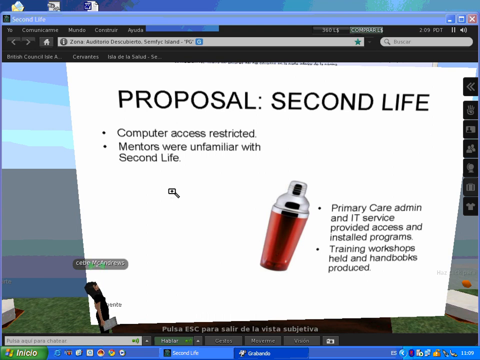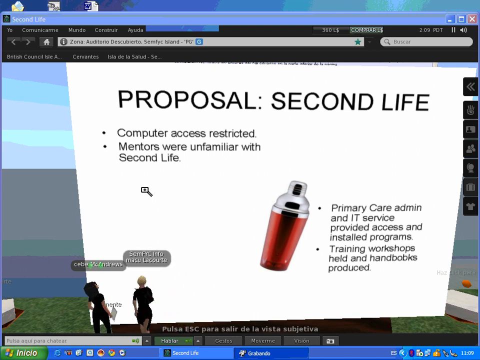But this technical problem was solved with the help of the IT department, whom we would like to thank for their support. They installed Second Life on the resources room computer of the 4 initially participating health centers. They also had to make sure the program would run. There were some problems at the start, but in the end they were ironed out and we went ahead.